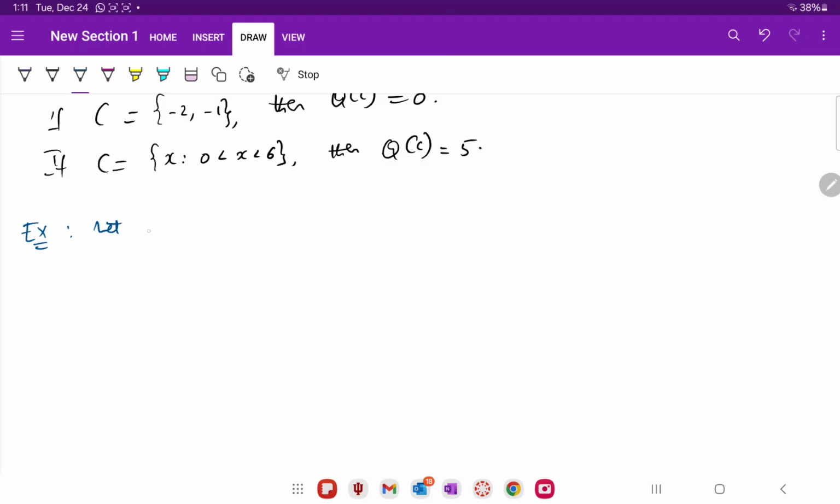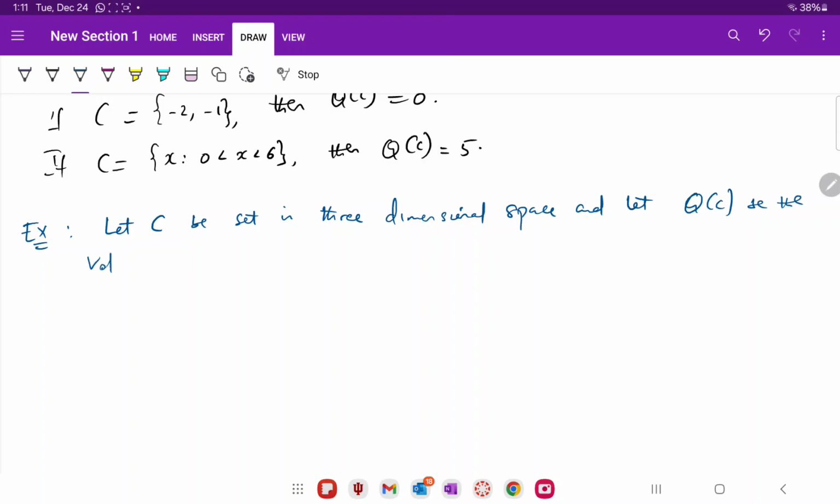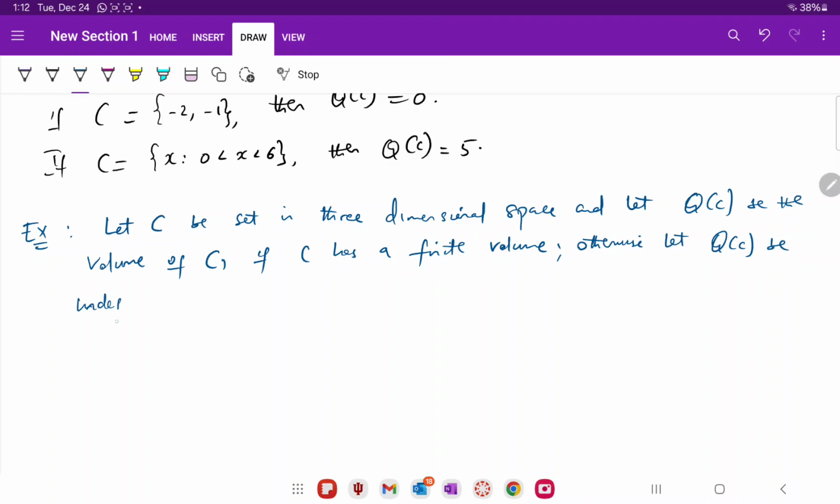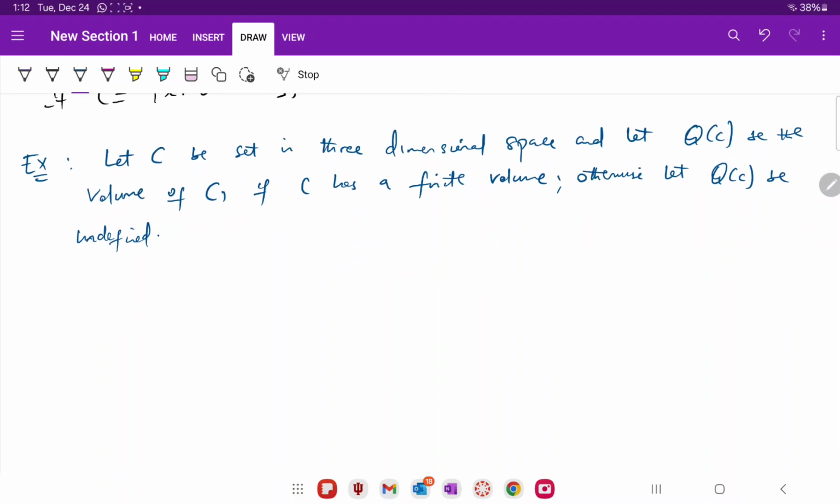Let C be a set in three-dimensional space, and then let K of C, dealing with three dimensions, be the volume of C, if C has a finite volume. Otherwise, let our K of C be undefined.